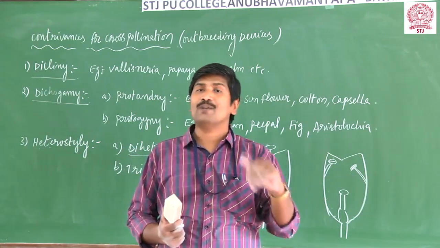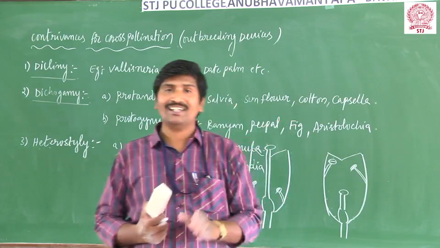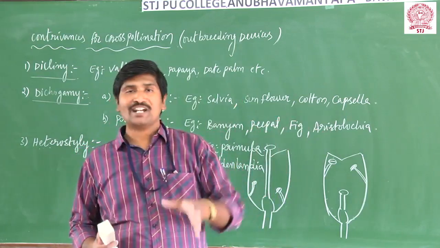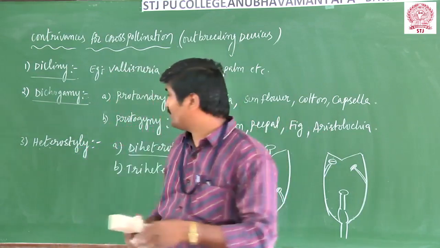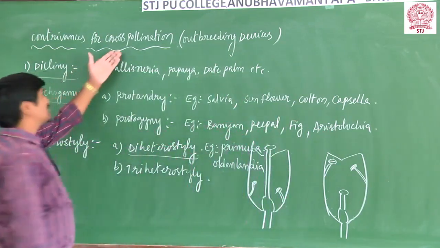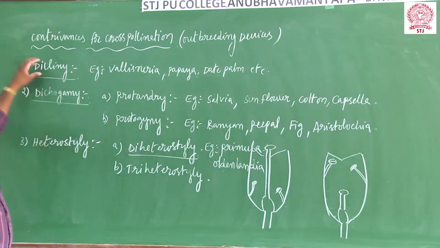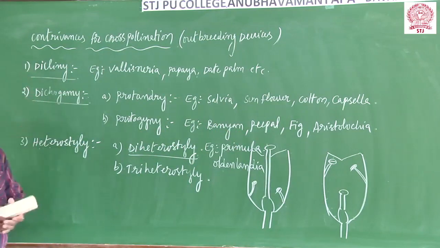It also maximally avoids self-pollination. They promote cross-pollination. It is one of the devices for cross-pollination. That is heterostyly. Total three completed: dioecy, dichogamy, and heterostyly.